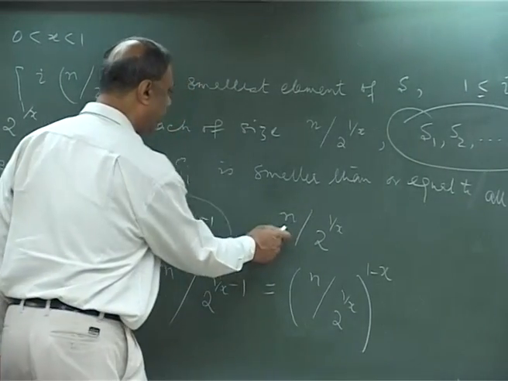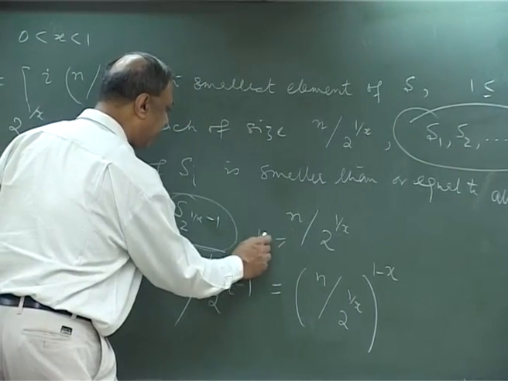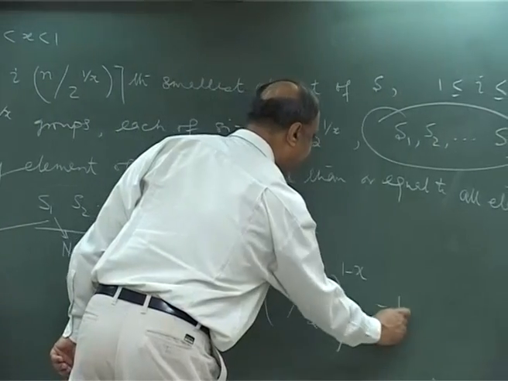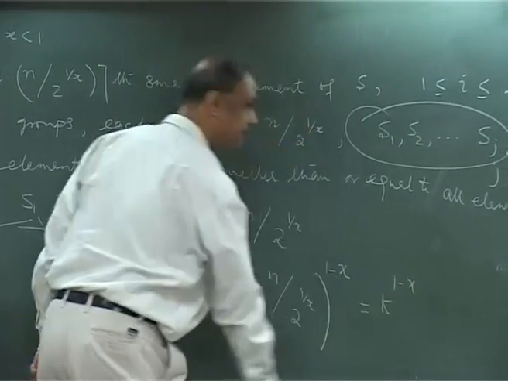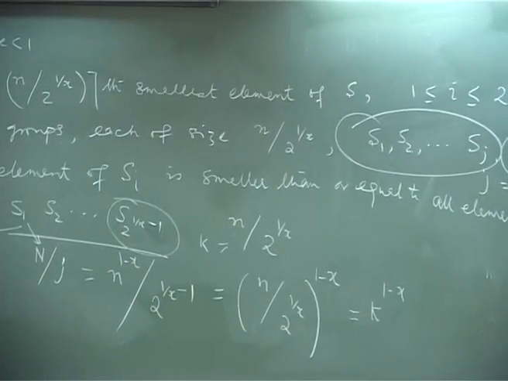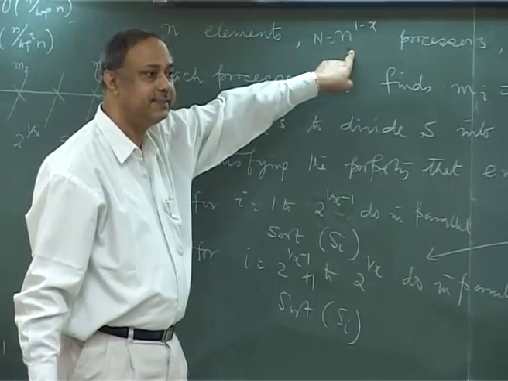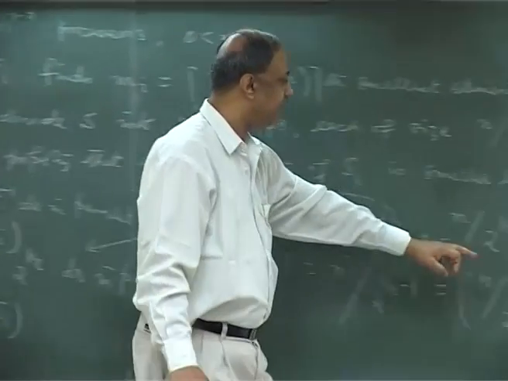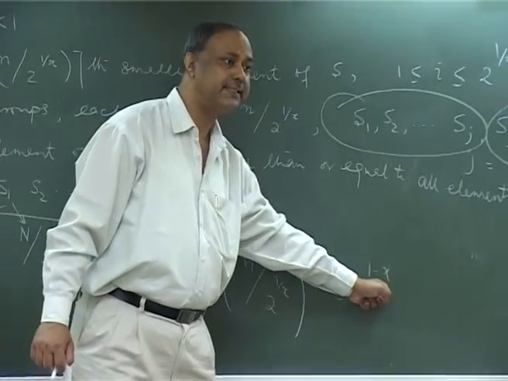So if the total number of elements is k, I can write it in the form k to the power 1 minus x. If you have n, the number of processors is n to the power 1 minus x. If you have k, you have k to the power 1 minus x processors.